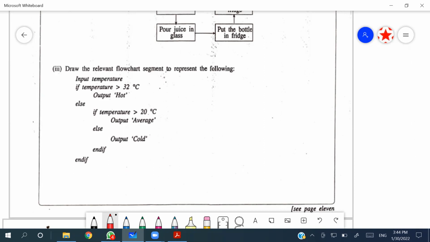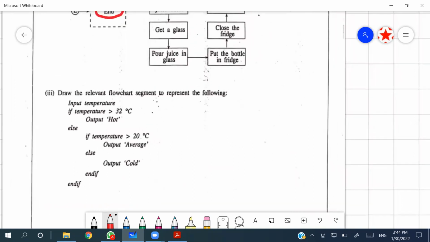You can just draw the segment. So input temperature is going to be inside an input box, or a parallelogram.